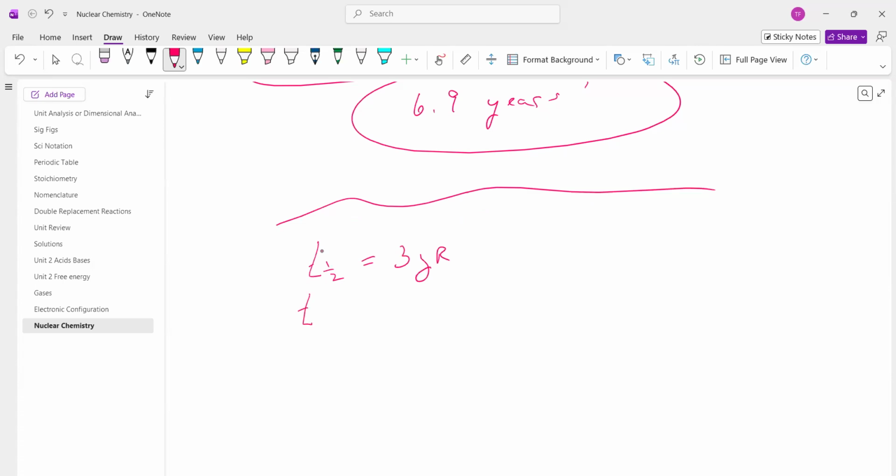And we want to know how long it took to a given half-life. So the initial amount is going to be 5 kilograms.